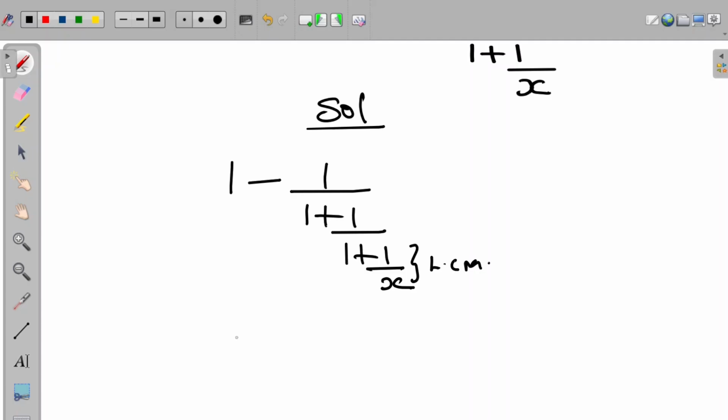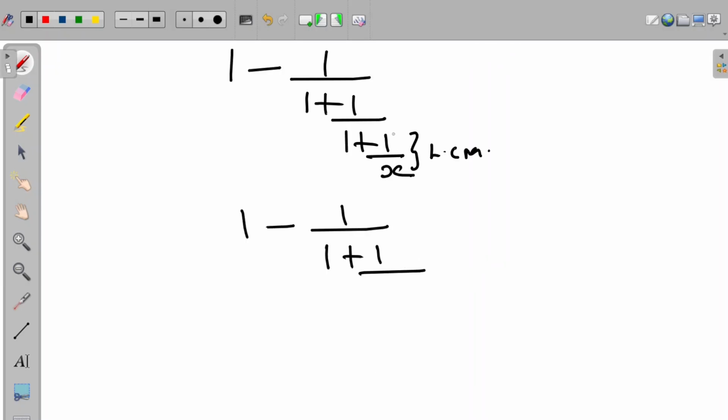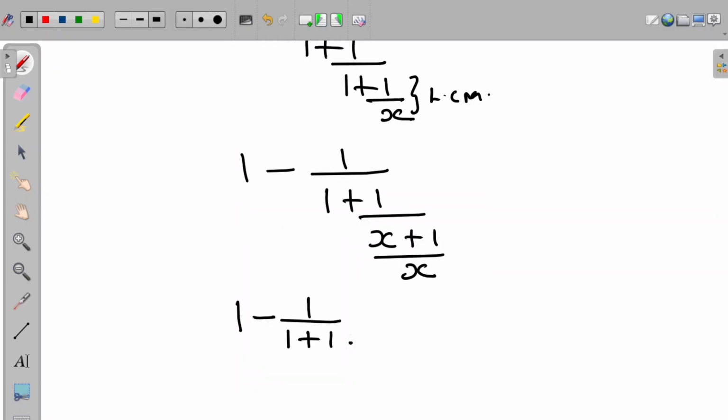So we have it that the expression becomes 1 minus 1 divided by 1 plus 1 divided by, if I take LCM at this point, the expression becomes x plus 1 divided by x. So at this point, we can express this expression as 1 minus 1 divided by 1 plus 1 divided by x plus 1 divided by x.